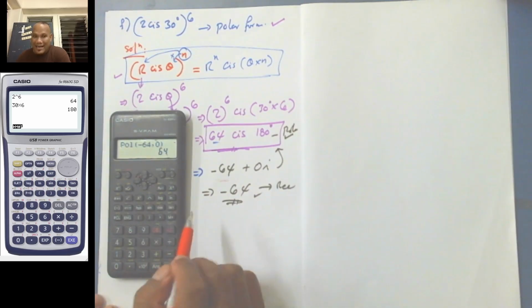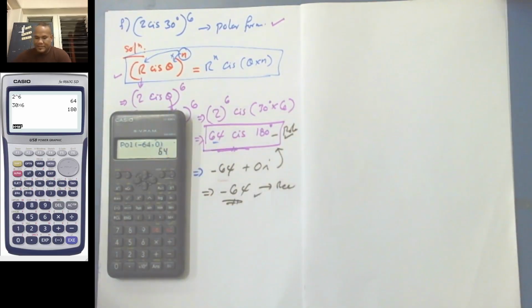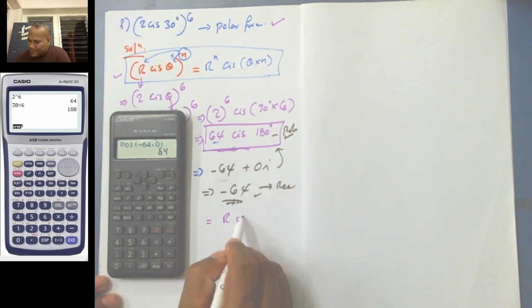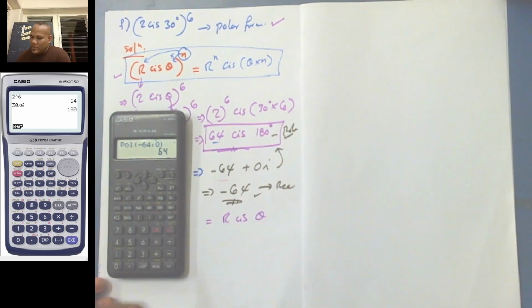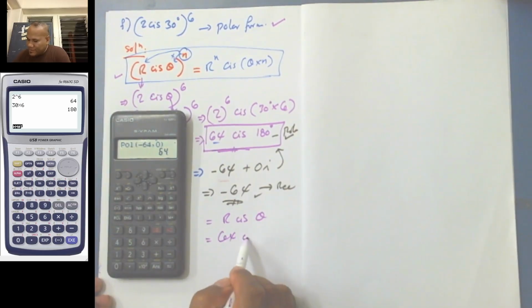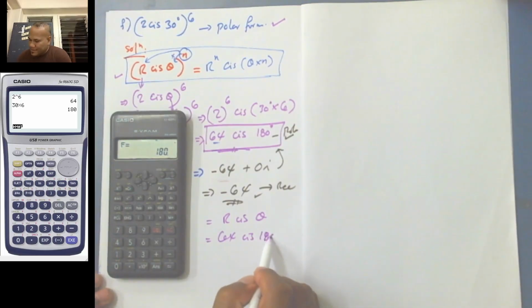This is our R, because in polar, R comes first, then theta. So whatever comes first is your R. So in our case it is 64. Then you want to find your angle. Angle is recall, same process, recall tangent, and our angle is 180 degrees.